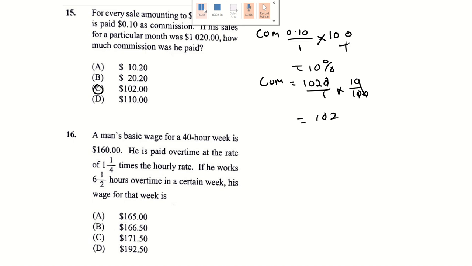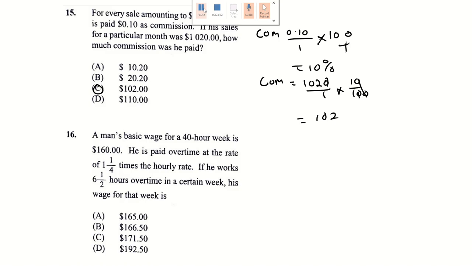Right. Number 16. A man's basic wage for 40 hours is 160. He is paid overtime at the rate of time and a quarter, or 1 1/4, times the hourly rate. If he works for 6.5 hours overtime in a certain week, his wage for that week will be.